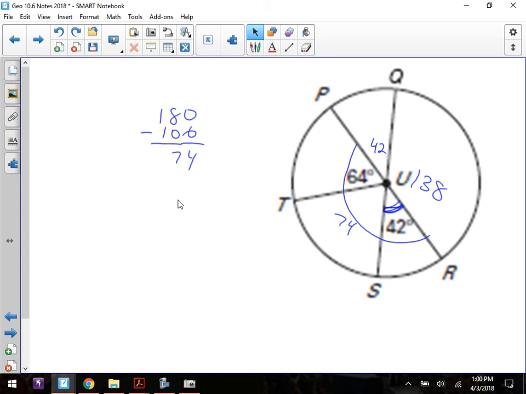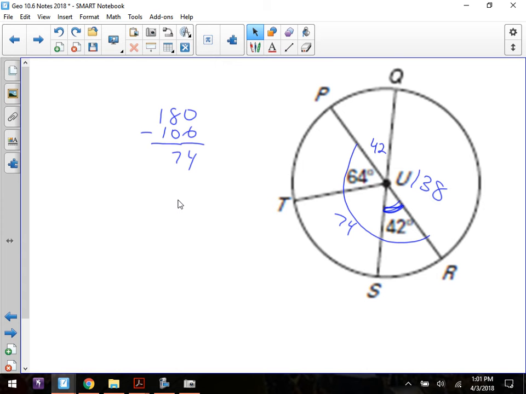Same thing with ST. We already had that 174. RT was your 74 and 42, so that's 116. QR, we had to get that one earlier. That was 138. And then about what? Uh, 74 and 64. Shortest distance between 2 points. 2 letters means the shortest distance.